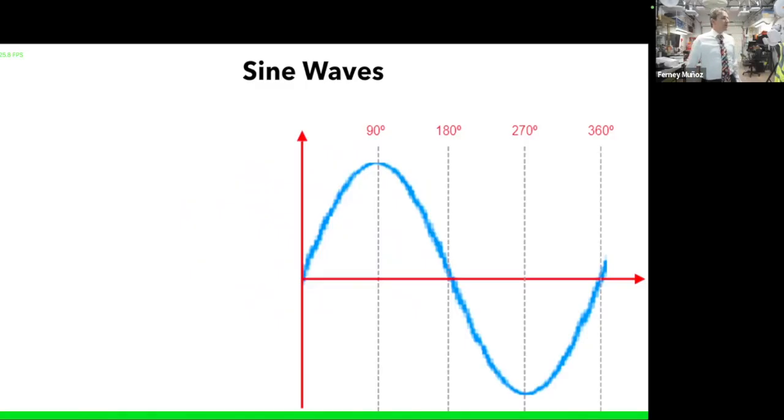I'm no expert in waves, mathematics, or trigonometry, but I'll do my best here to put this in simple terms, because we don't have to get hung up on the very complex mathematical equations of this stuff. That's the IEEE engineer's job. They figure out all that complicated stuff. We just have to know the basics.